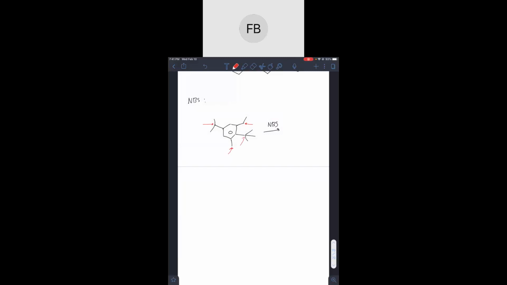This benzylic position does not work because it would break the octet if it were to go there. So it's going to go to one of the other positions. Now this position is the most stable because it would be tertiary if it went there.